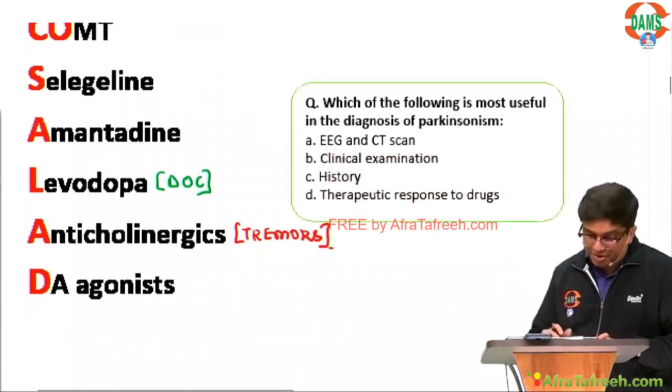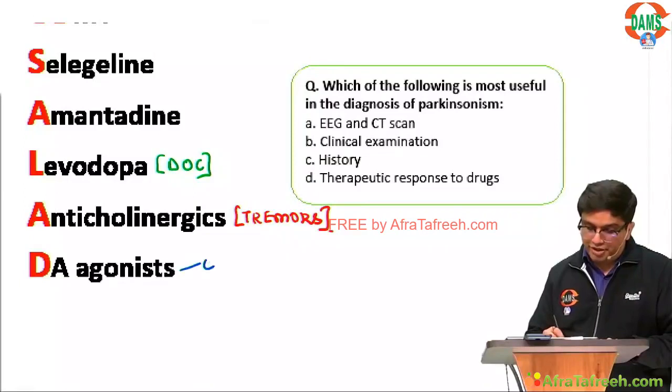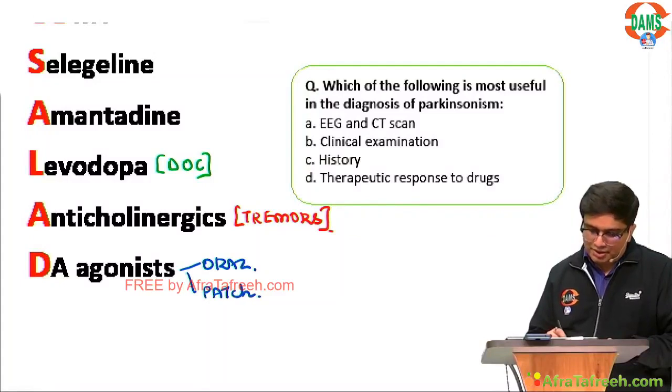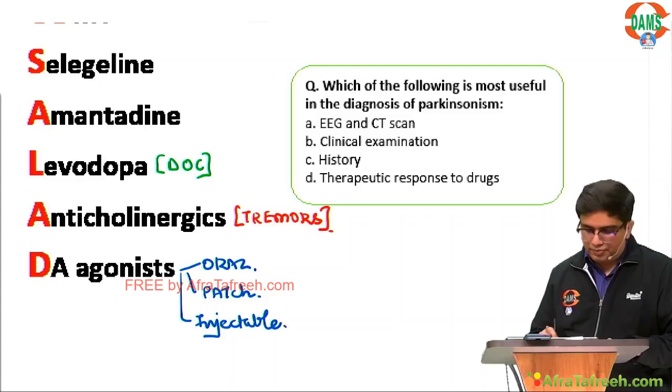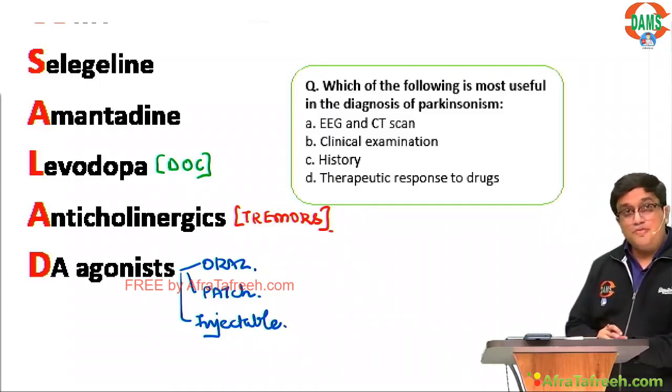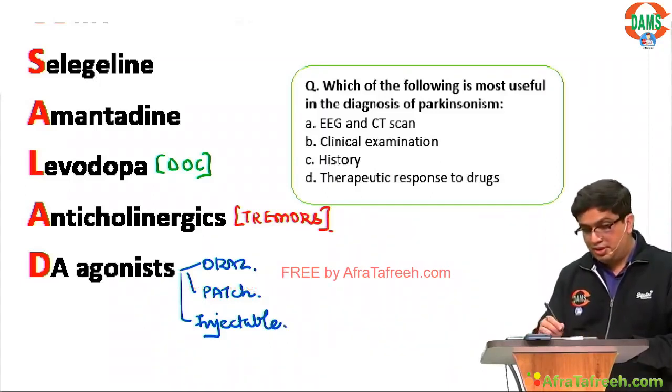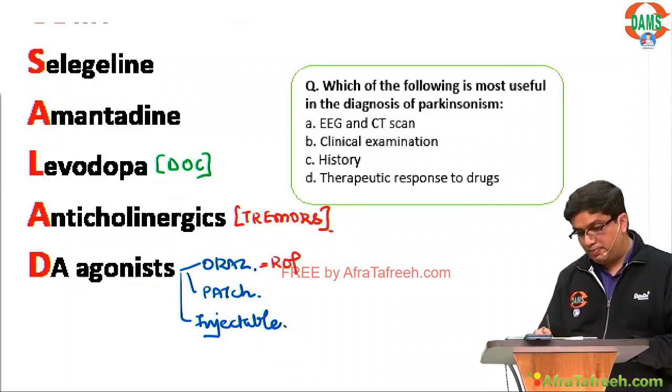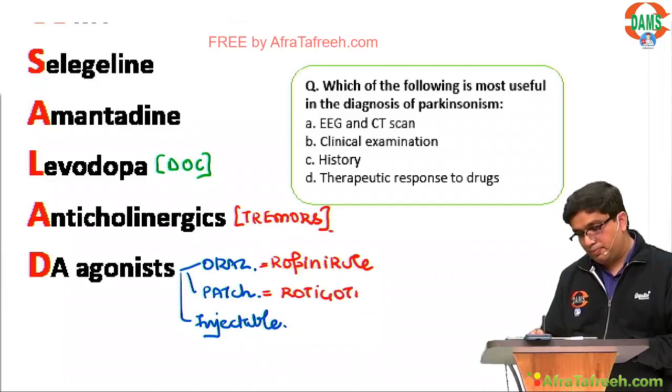The dopamine agonists that we have with us could be divided into oral, patch and injectable types. The oral one that we have with us is ropinirole. The patch that we have with us is rotigotine, and the injectable that we have with us is apomorphine.